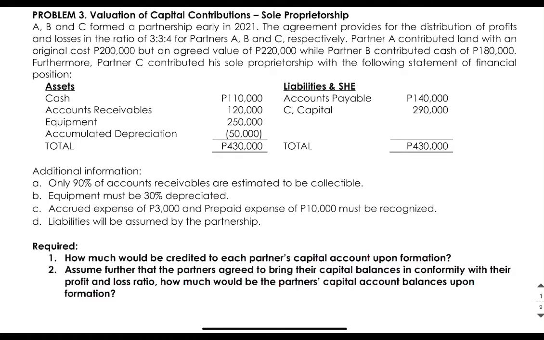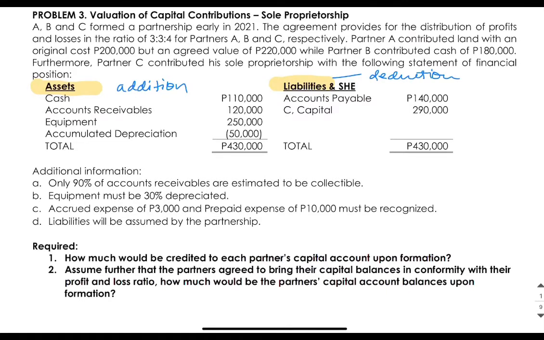If a partner contributes his sole proprietorship or his business to the partnership, then all its assets together with its liabilities shall be contributed to the partnership. However, the assets are treated, of course, as an addition to the capital contribution of the partner, while liabilities are treated as deduction. So, addition and deduction.